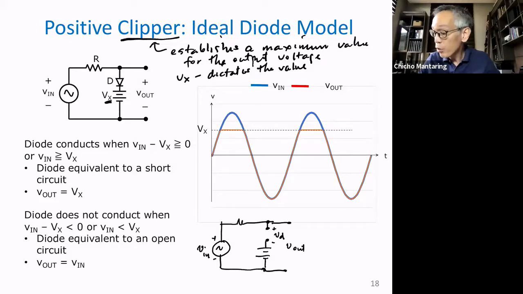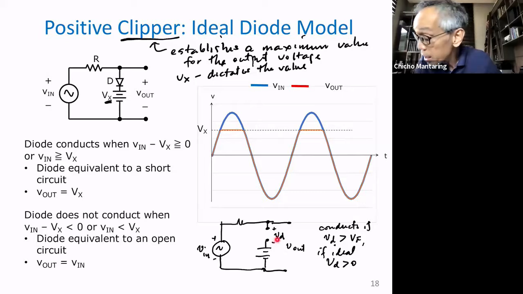The diode will conduct if V of D is greater than V of F. If ideal, it conducts when V of D is greater than 0. Remember, I mentioned earlier, an ideal diode, you can think of it as V of F just being equal to 0.